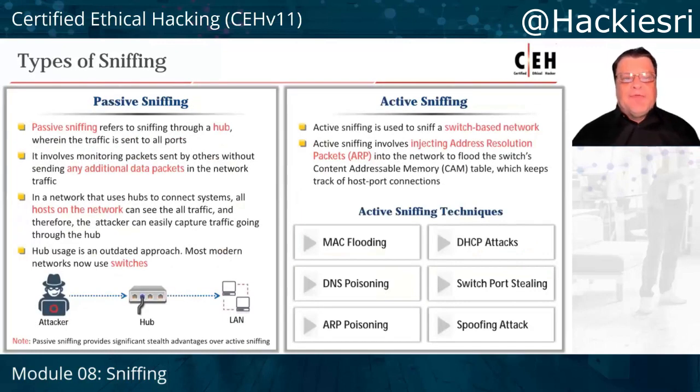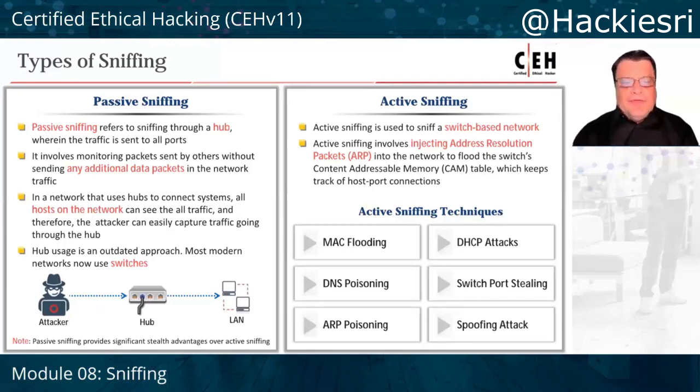There are various types of sniffing. Passive sniffing is the following. Passive sniffing refers to sniffing through a hub where traffic is sent to all ports. It involves monitoring packets sent by others without sending any additional data packets in the network traffic. In a network that uses hubs to connect systems, all hosts on the network can see all the traffic, and therefore the attacker can easily capture traffic going through that hub.